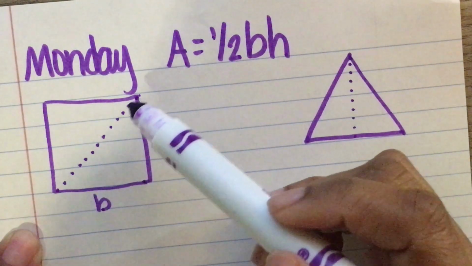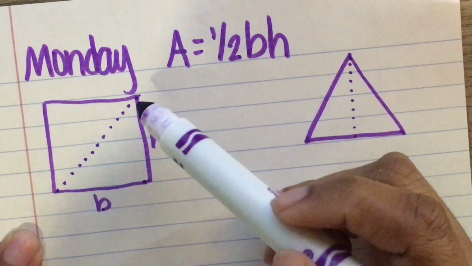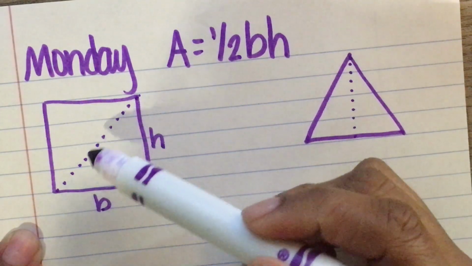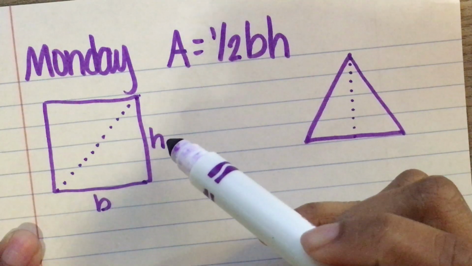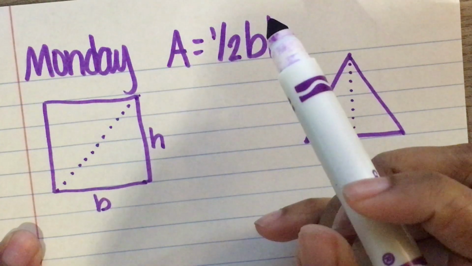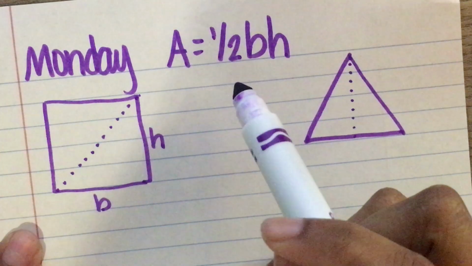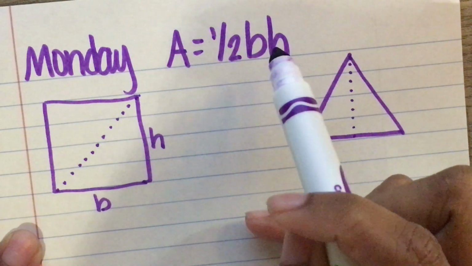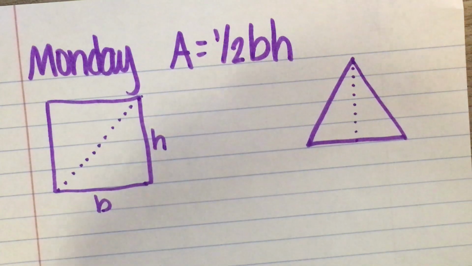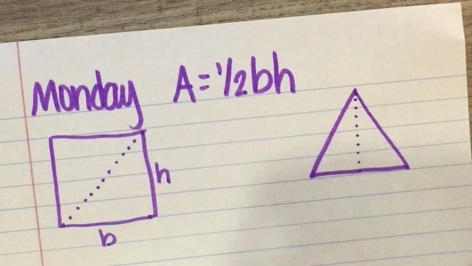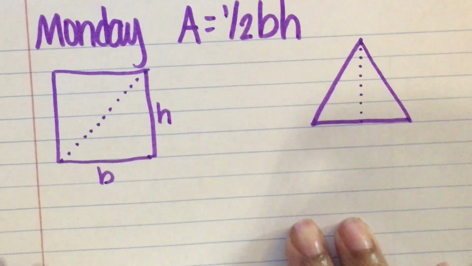So look, now I have 2 triangles. So if I want to find the area of one of these triangles, I basically would find my base times my height and divide it by 2, which is the same as finding half of the base times the height. So that's just a quick little explanation, and hopefully we'll get more into it later.